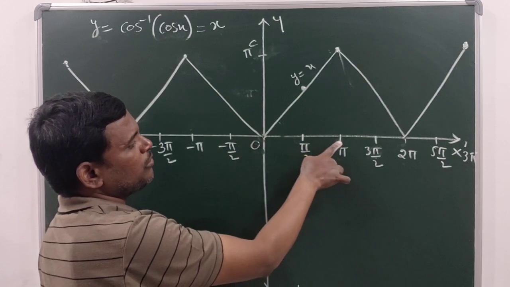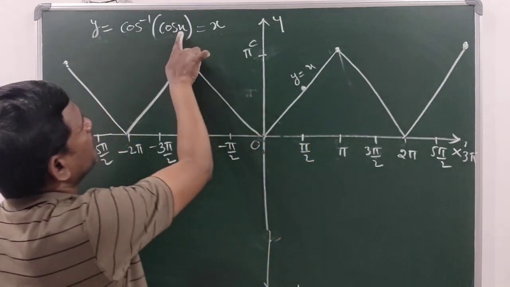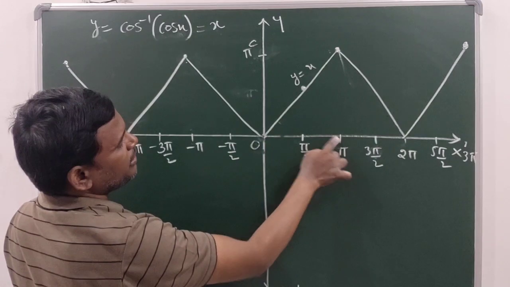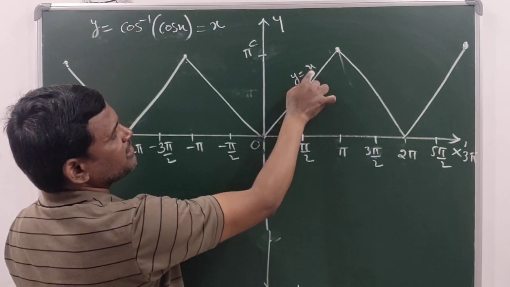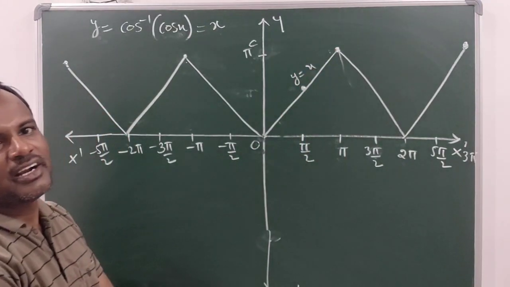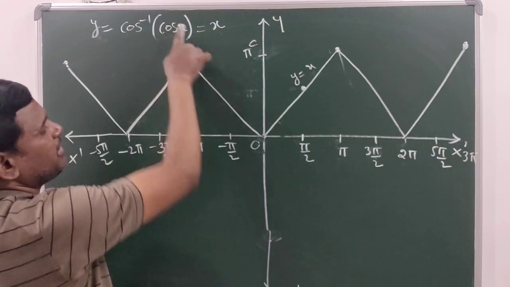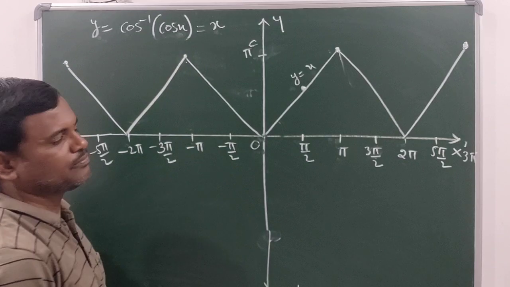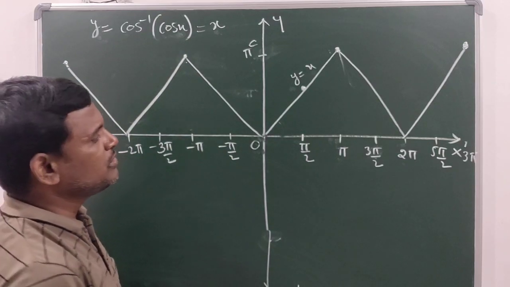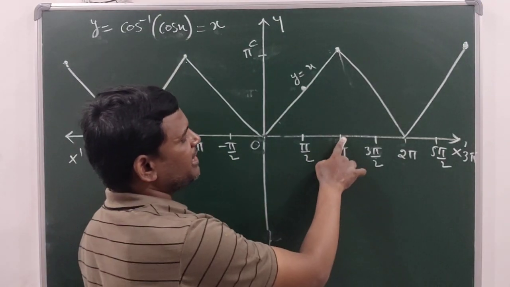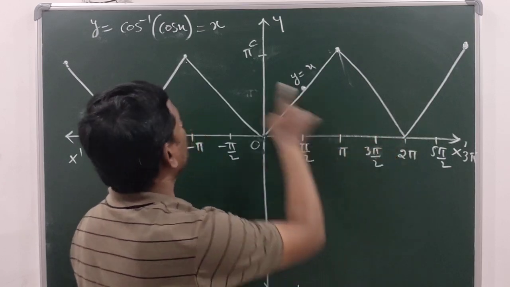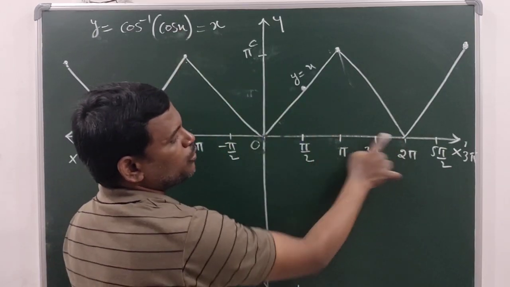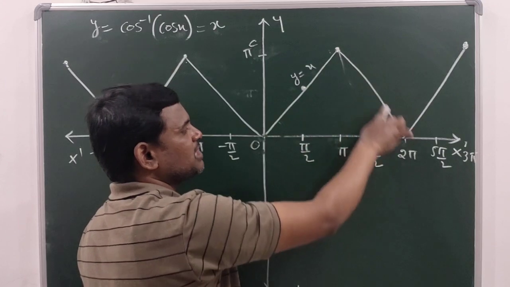Okay students, this result will be x. When you give x from 0 to pi, your respective range value is directly x. Whichever x you assign from 0 to pi, you can write x directly. Next, if you assign any x value from pi to 2 pi, the range will be this line.